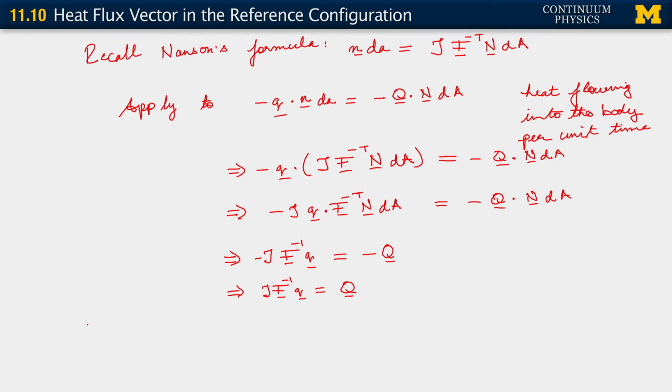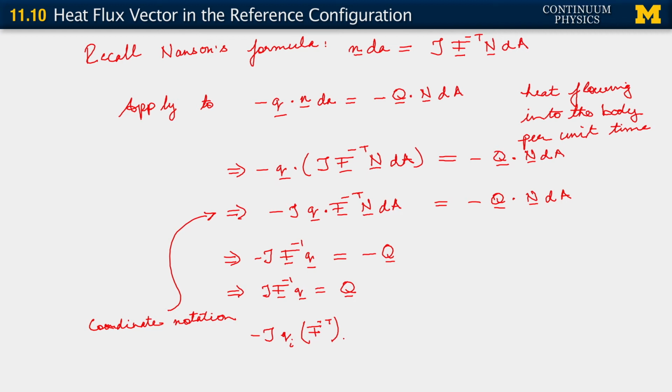Right? Just to be sure about how this works out, let's look at coordinate notation applied back to that line. Okay, so we have minus J, J being a scalar. Okay, q, now q lives in the current configuration, so let's give it index lowercase i. All right, now this is acting on F inverse transpose.